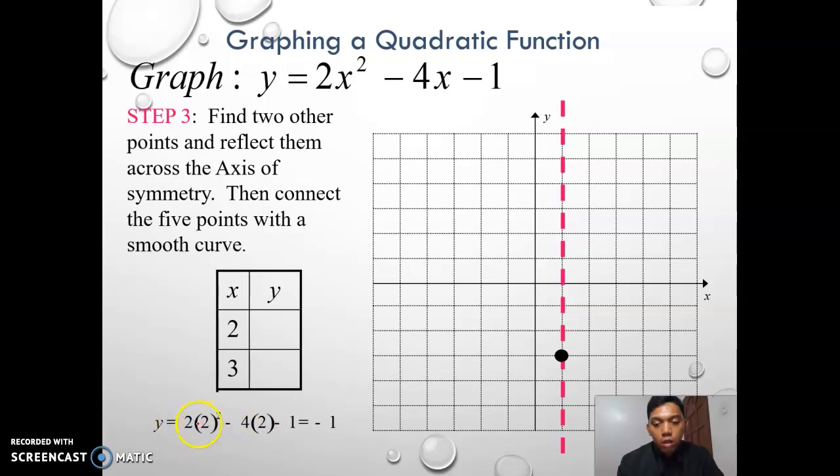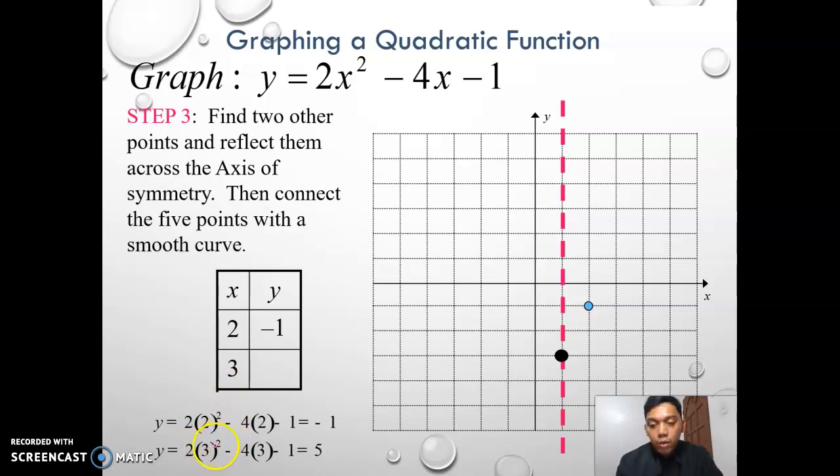So 8 minus 8 is 0, then minus 1, so -1. Let's locate this first: (2, -1), it's 2 here, and then -1. There.